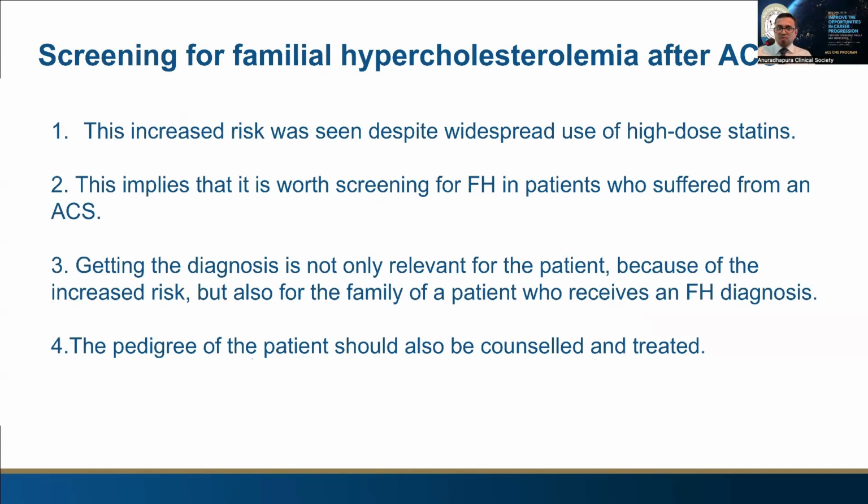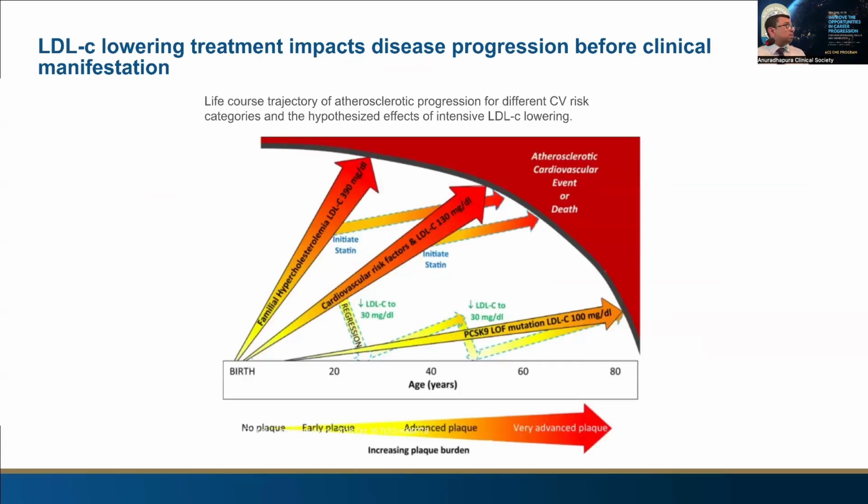And also, especially in these categories, like patients with acute coronary syndrome, especially these young patients, you have to do family screening. Because these patients have a very high risk of coronary vascular or atherosclerotic plaque disease if you don't treat them. These are familial hypercholesterolemia.